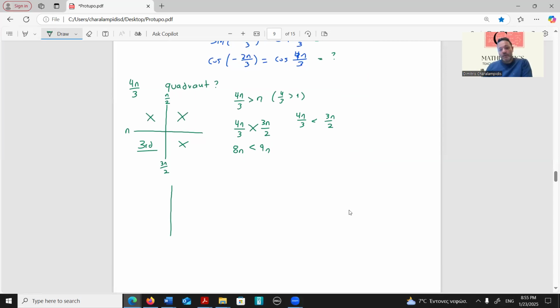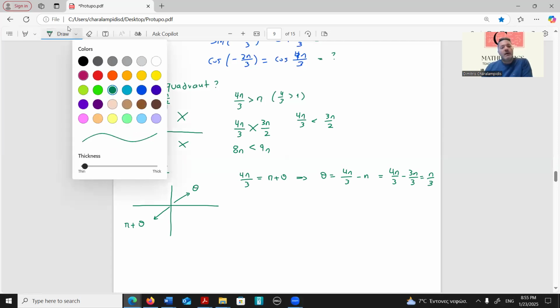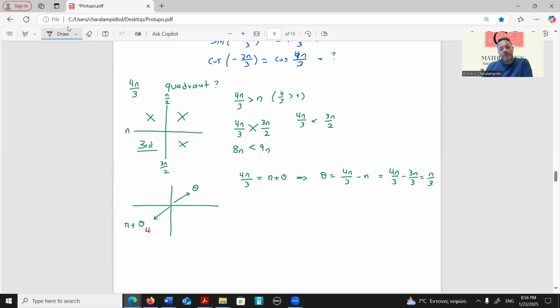I know, however, that an angle in the third quadrant, when in radians, can always be written in the form pi plus theta, where theta is the angle in the first one. So, if 4 pi over 3 is pi plus theta, then theta is 4 pi over 3 minus pi, which is 4 pi over 3 minus 3 pi over 3, which is pi over 3. So, I have just related 4 pi thirds with pi over 3.